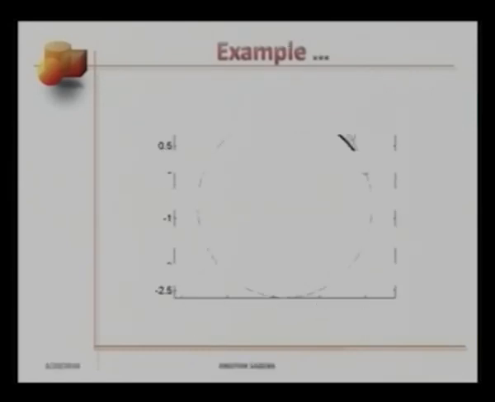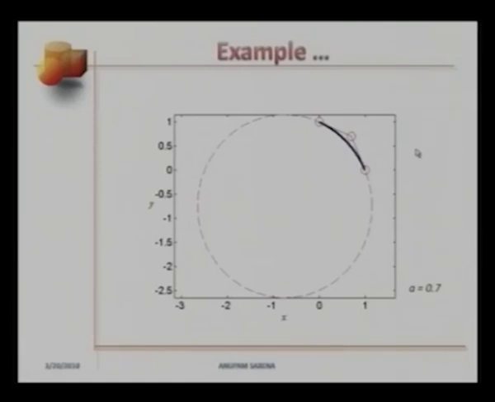This is an example for a equals 0.7. The blue segment here is the quadratic Bezier curve, which is lying precisely over this dashed magenta circle.